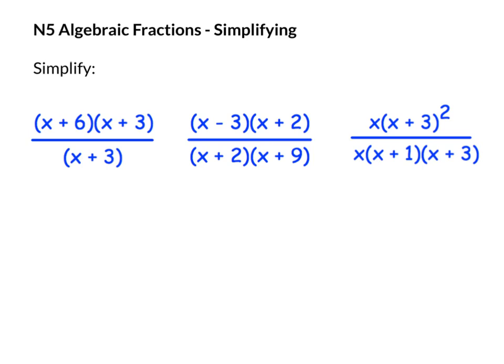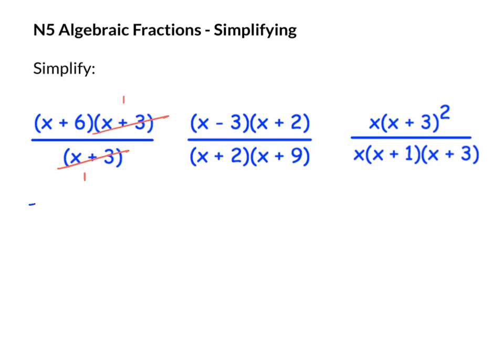So in the first one, I have got an x plus 3 on the top and bottom, so dividing by x plus 3 on the top will give me 1 there. Dividing by x plus 3 on the bottom will reduce that to 1. Because remember, dividing anything by itself will give us 1.